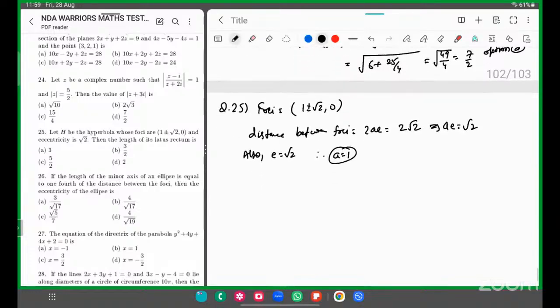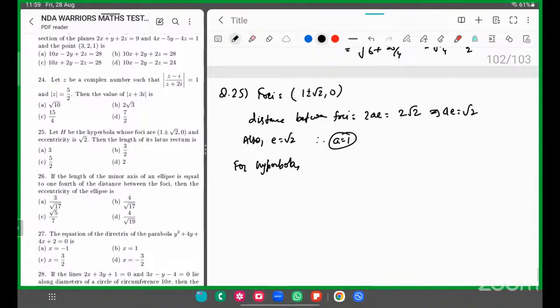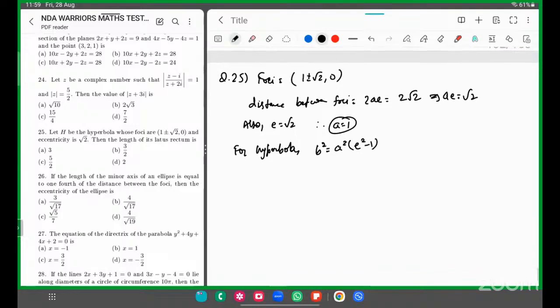Okay. For hyperbola, what is the equation to find the second axis, the minor axis? b square equal to a square in bracket e square minus 1.